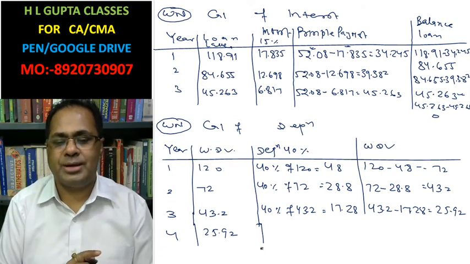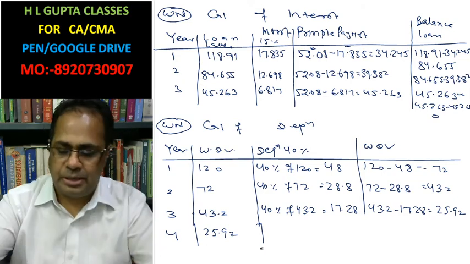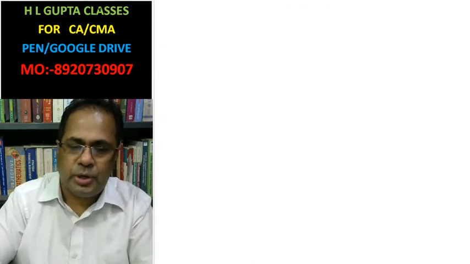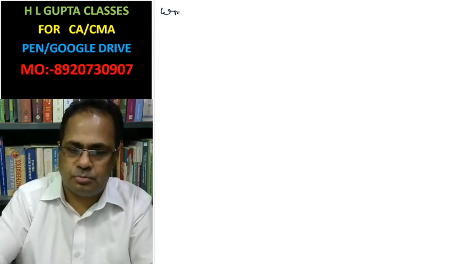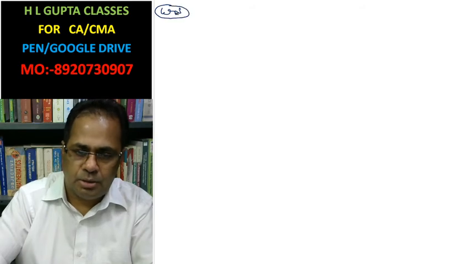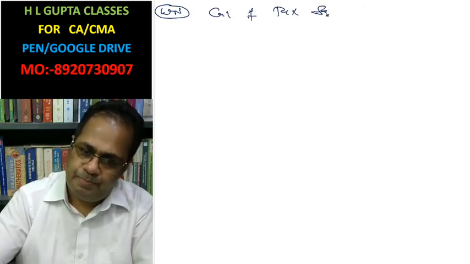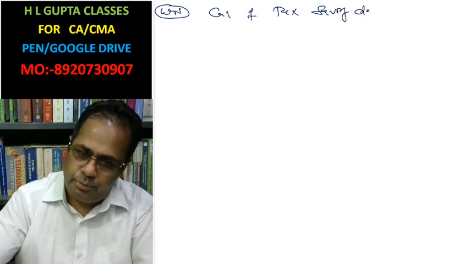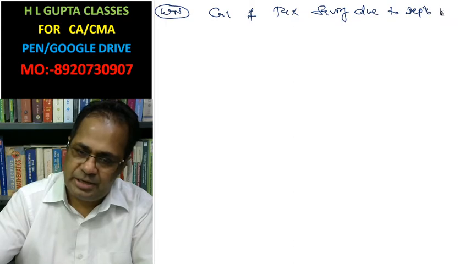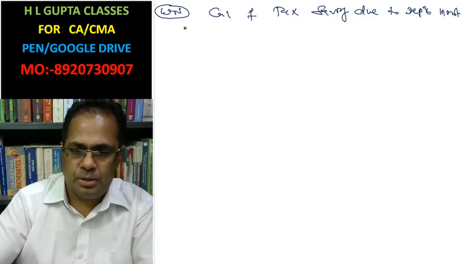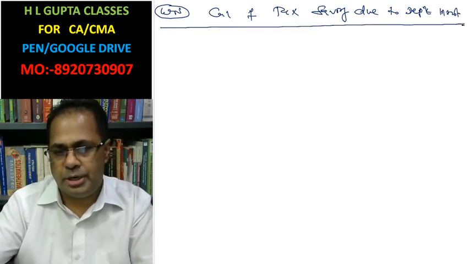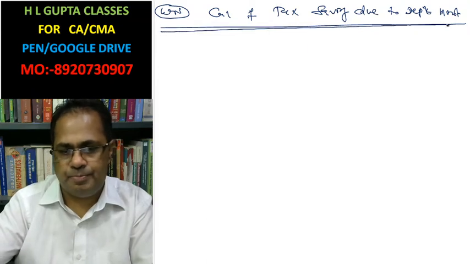Now we have to calculate tax saving due to interest and depreciation. Working note: calculation of tax saving due to depreciation and interest. Years 1, 2, 3.